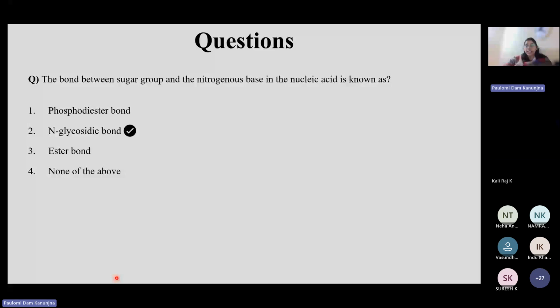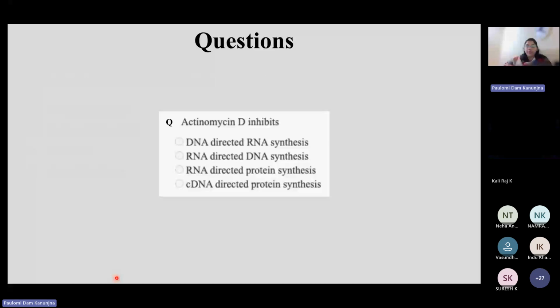And this is from your section where the Professor discussed reverse transcriptase. So do you remember what actinomycin D does? Yes, this was for the discovery of the reverse transcriptase.